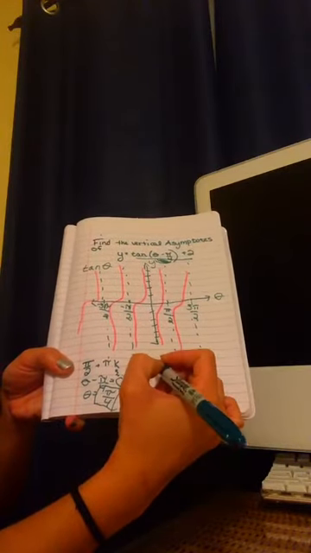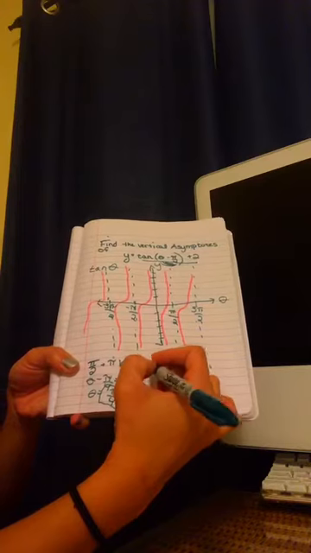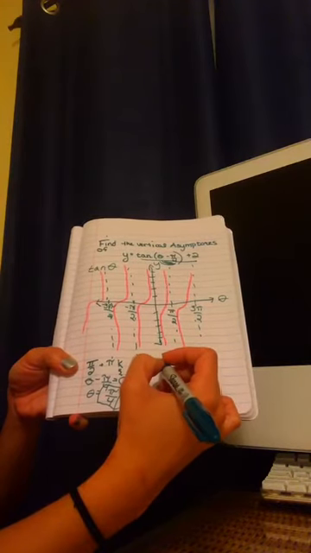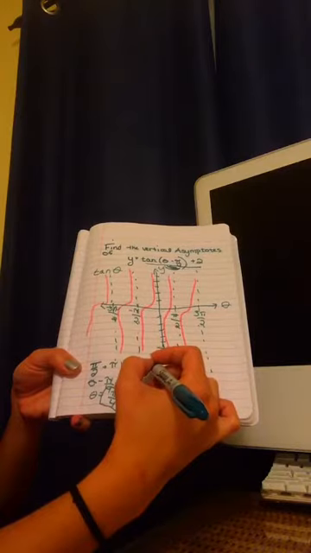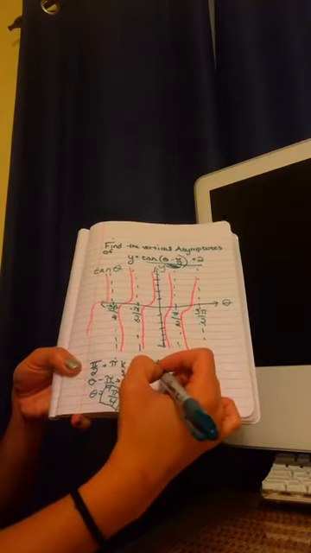Okay, this is the asymptote equation. This pi over 2 plus pi times k. So we're going to add pi over 4 to that whole thing. Okay. Sorry, I'm having a hard time writing this way.